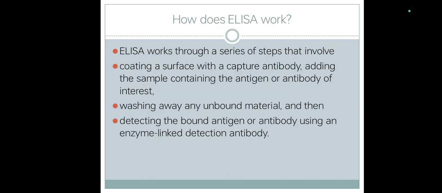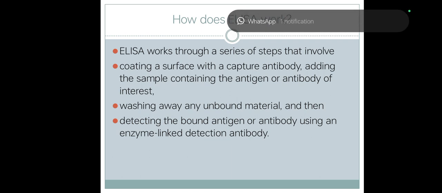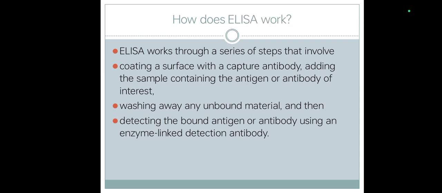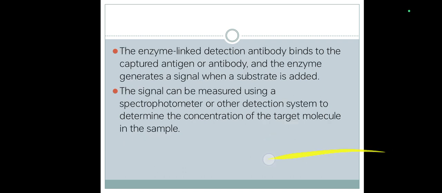How does ELISA work? ELISA works through a series of steps that involve coating a surface with capture antibody, adding the sample containing the antigen or antibody of interest, washing away any unbound material, and then detecting the bound antigen or antibody using an enzyme-linked detection antibody.